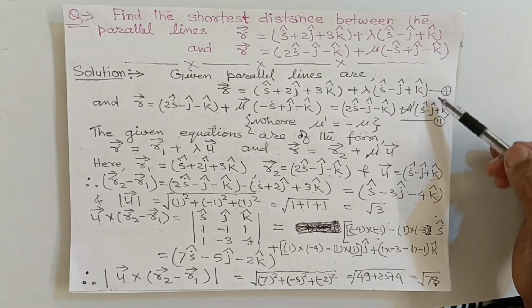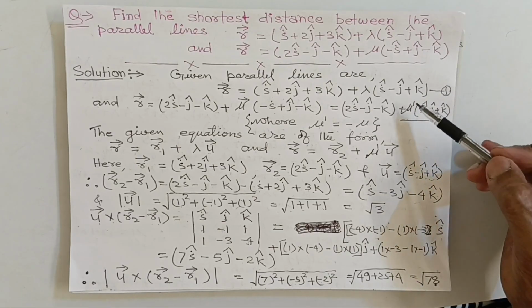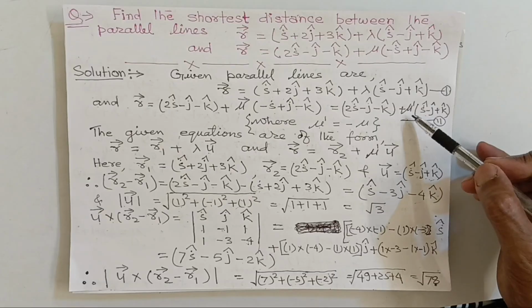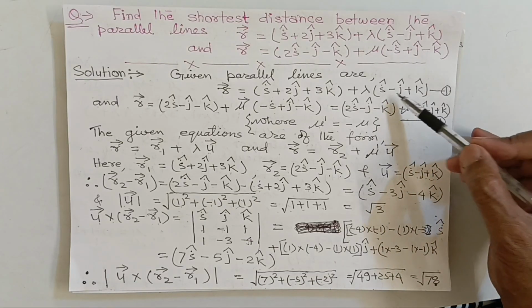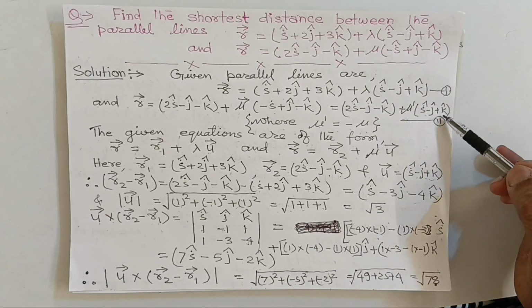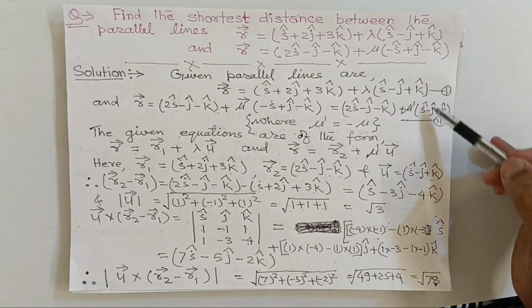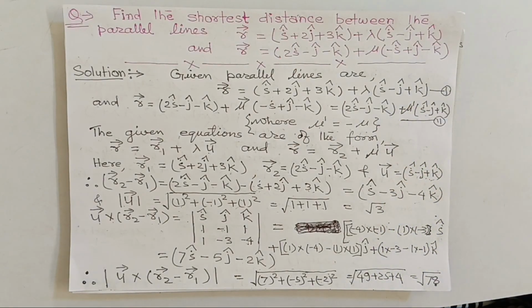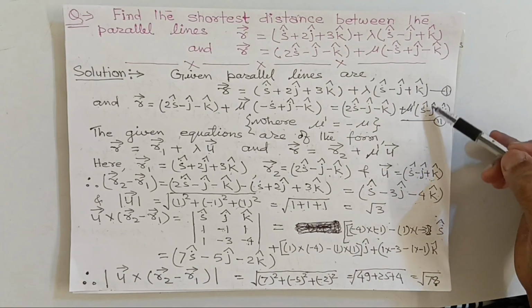The equations 1 and 2 are parallel, since both have the same vector i - j + k, and line 1 and line 2 are parallel to the vector. So these two lines are parallel lines.